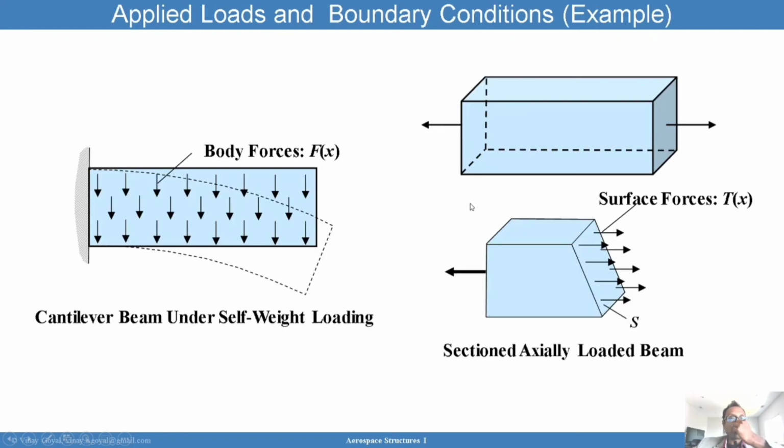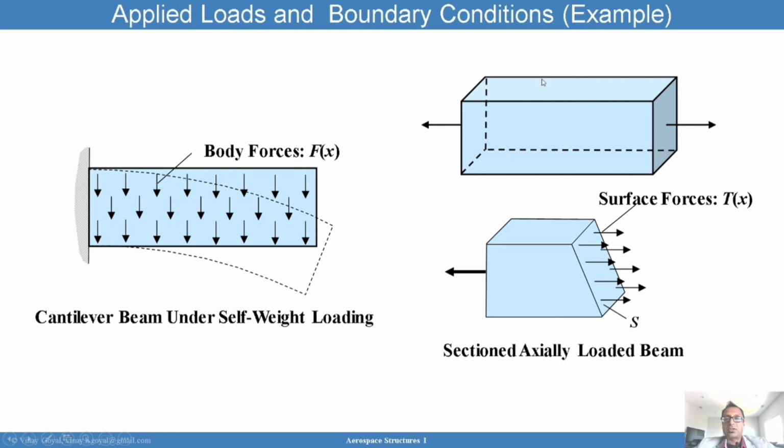Here's an example of applied loads and boundary conditions. Here I have body forces applied to this cantilever beam, and the left edge has been fixed. We call this a cantilever beam under self-weight loading. You also have the example of surface forces being applied on this bar, and on either side, these surface forces are applied.